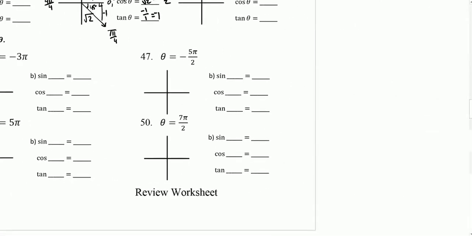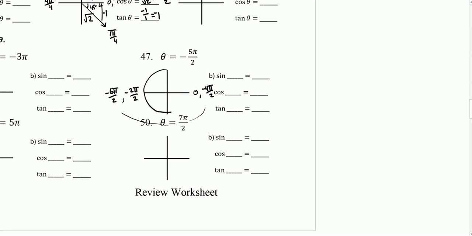Number 47, -5 pi over 2. Well, here's 0. Here's -2 pi over 2. Keep going. -4 pi over 2. Keep going. -6 pi over 2. So -5 pi over 2 is directly in between -4 pi and -6 pi.